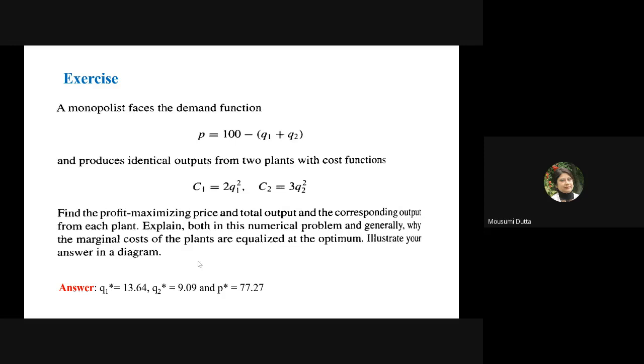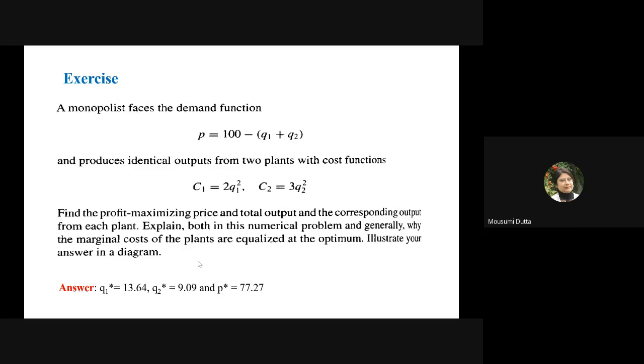And the firm produces identical outputs from two plants. There is no qualitative difference between the output. Identical outputs from two plants with cost functions C1 is equal to 2Q1 square and C2 is equal to 3Q2 square. The cost equation for plant 1 is given by C1 is equal to 2Q1 square.